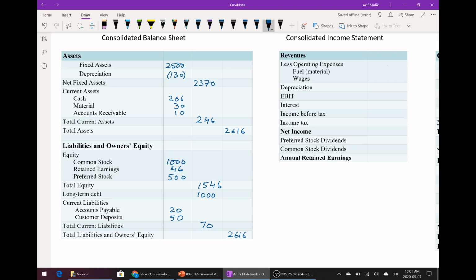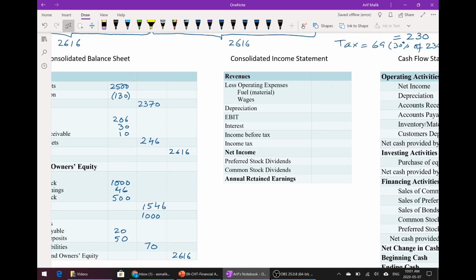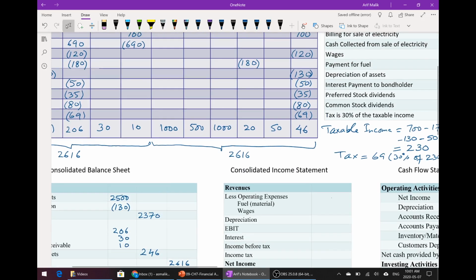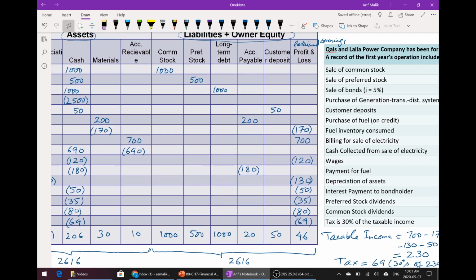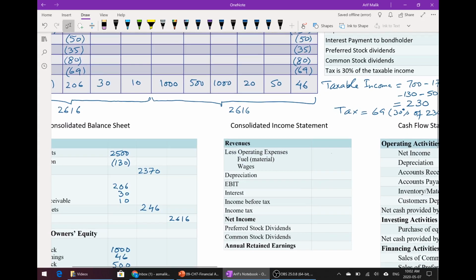Let's look at the consolidated income statement. If you like, we have already got this in the retained earnings or profit and loss account. This is our income statement, but we will write it down in a nice way over here. The revenues we generated is 700.